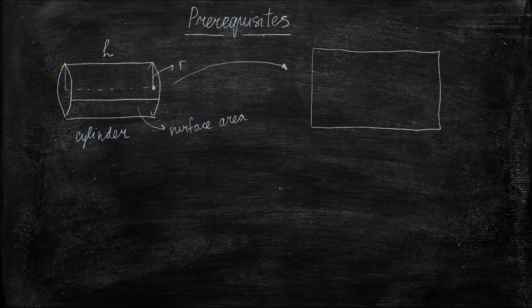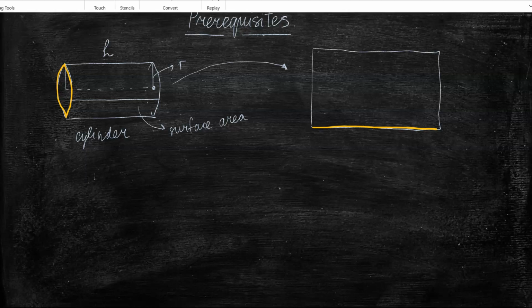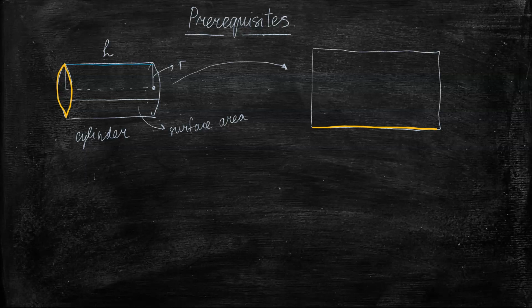What used to be the circumference of a base is now a side of a rectangle, and what used to be the height is now another side of this rectangle.